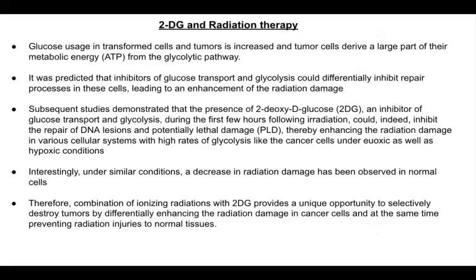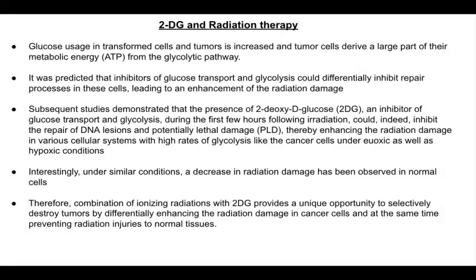Subsequent studies demonstrated that the presence of 2DG, an inhibitor of glucose transport and glycolysis, during the first few hours of radiation could indeed inhibit repair of DNA lesions and potentially lethal damage, thereby enhancing the radiation damage in various cellular systems with high rates of glycolysis, like cancer cells, under normoxic or euoxic, as well as hypoxic conditions.